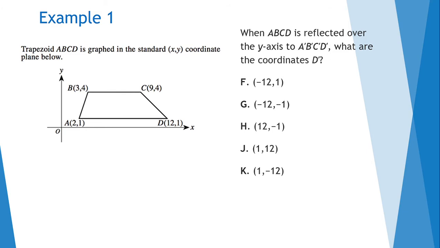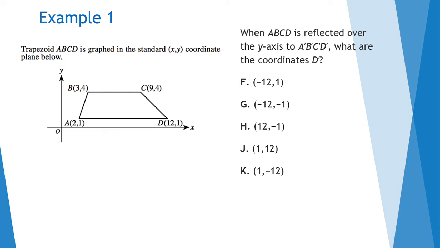Now on to the last leg of this presentation, examples. So this first example, trapezoid ABCD is graphed in the standard XY coordinate plane below. When ABCD is reflected over the y-axis to A prime, B prime, C prime, and D prime, what are the coordinates of D prime?